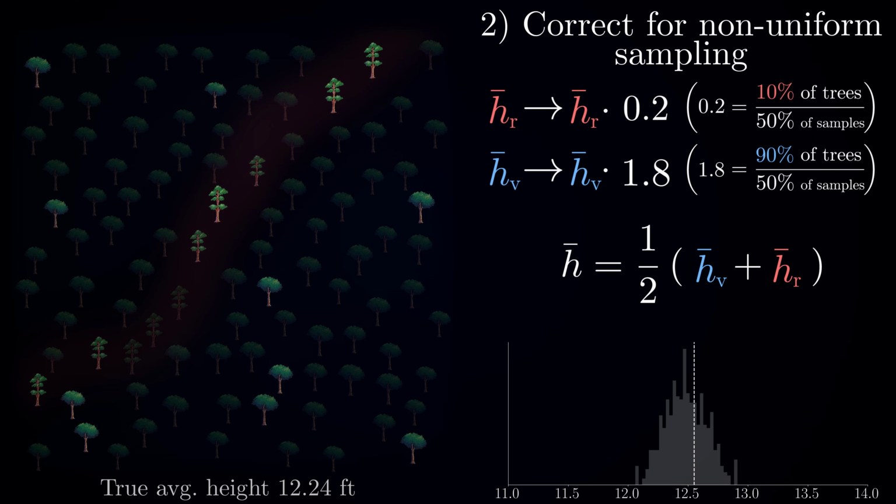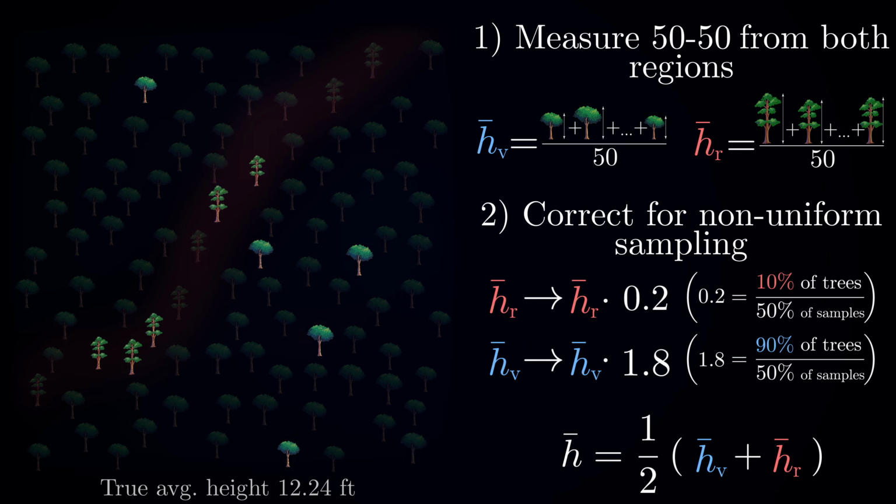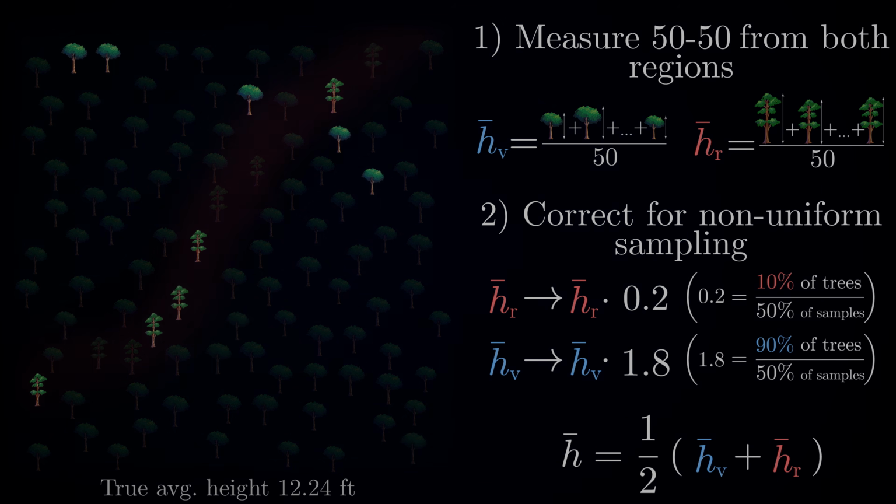This gives a much better estimate because we are ensuring we capture rare but important samples. The key insight here is that it's better to oversample important rare cases and mathematically correct for the bias, rather than risk missing them entirely.